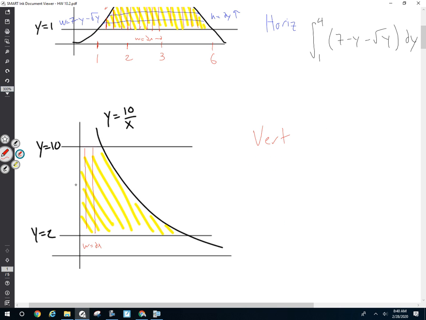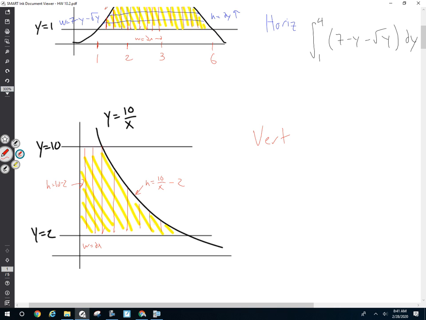I notice that these heights, until I get to this point right here, are 10 minus x squared. And once I get here, my heights change. And these rectangles do not have heights of 10 minus x squared. These heights are 10 over x minus 2.